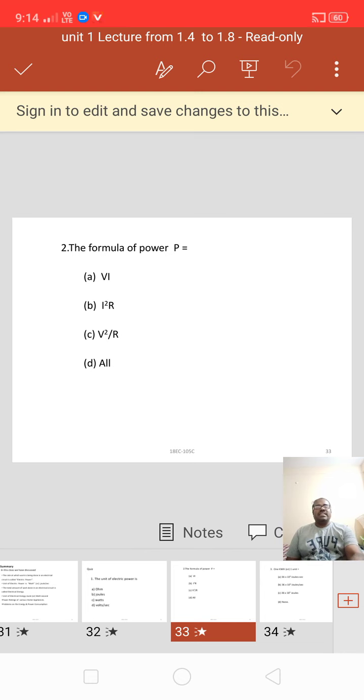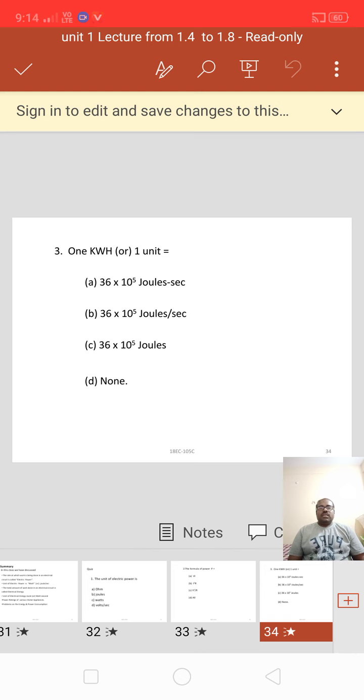Already we learned that. Third question: 1 kilowatt hour or 1 unit equals how much? Options are A, 36 into 10 power 5 joules per second, B, 36 into 10 power 5 joules per second, C, 36 into 10 power 5 joules, D, none.